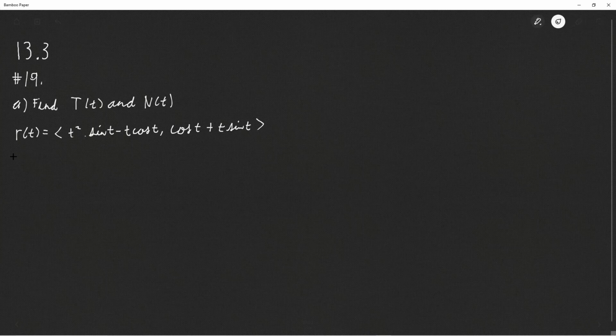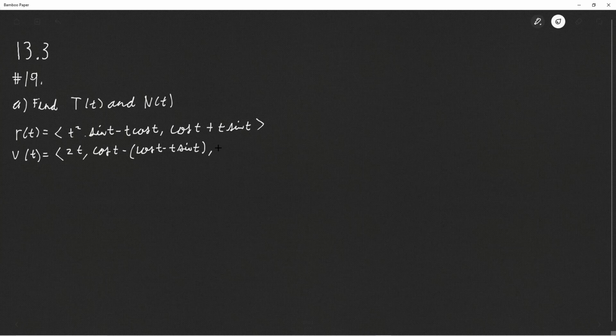So our first step is finding our velocity vector, which is just the derivative of our position vector, which will be 2t cosine of t minus, in brackets for our second part, cosine of t minus t sine of t.